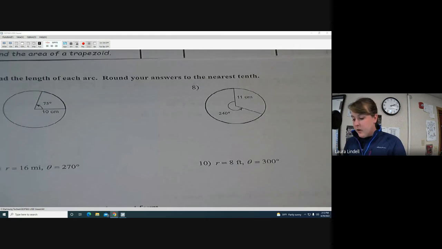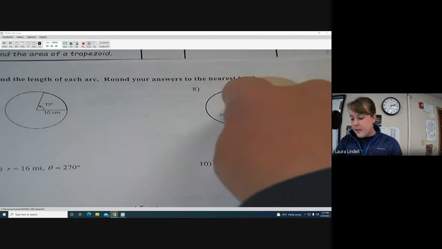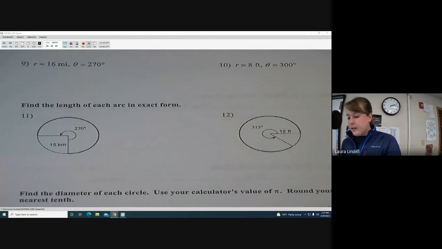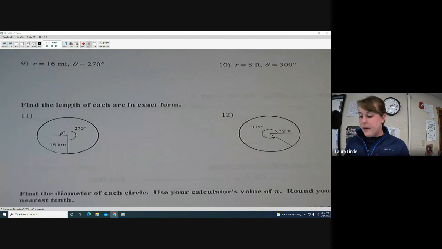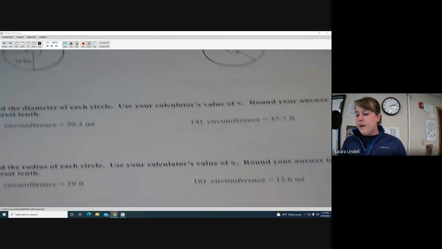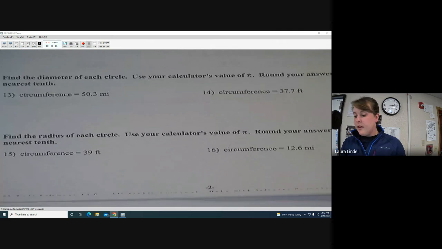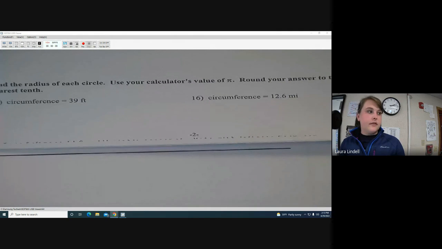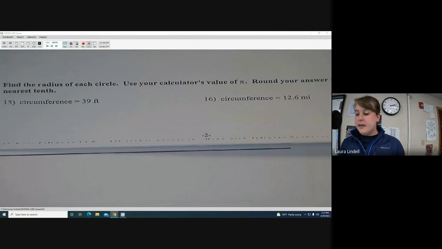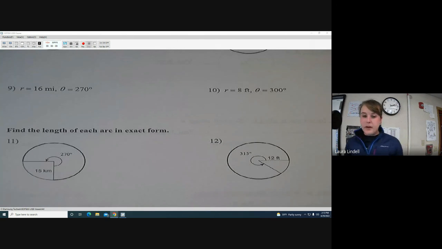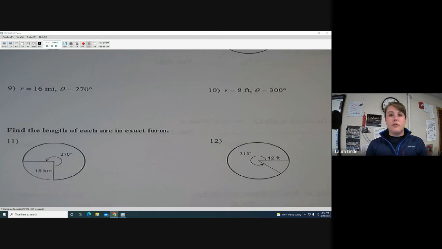Find the length of each arc, round your answer to the nearest tenth. Find the arc length in exact form. So leave it as a fraction with pi. Find the diameter given the circumference, round to the nearest tenth, and find the radius given the circumference, and round to the nearest tenth. So you're going to do all 16 of those problems for homework, but there's plenty of room to show your work, so please show your work on the paper.